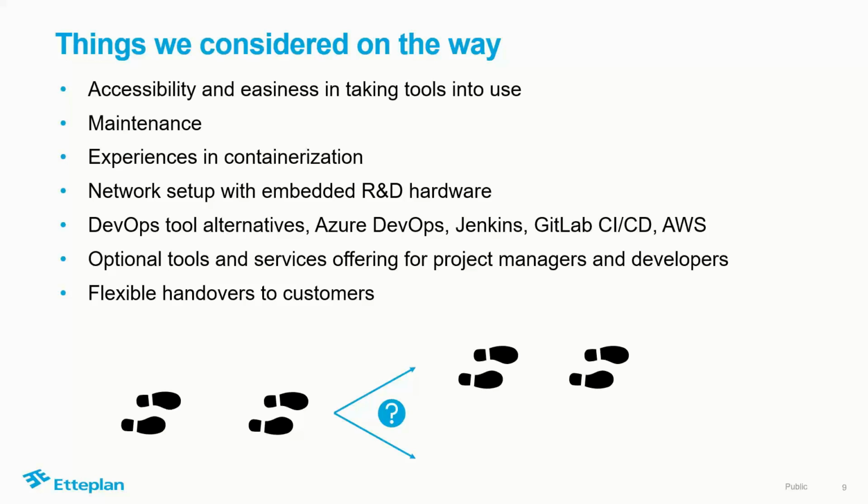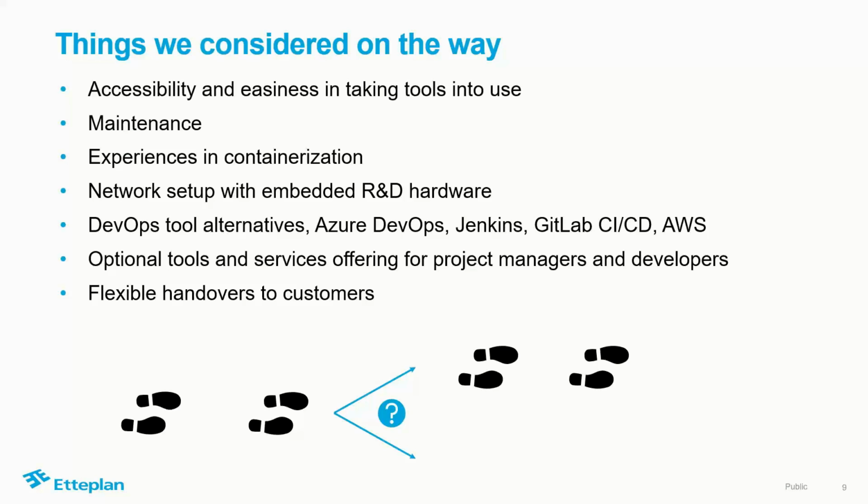Then, as we are talking about embedded, it typically also means hardware prototypes or whatever customer gadgets we are working on. So we had to consider the best way to combine our DevOps model and the hardware part. For that purpose, we considered utilizing an isolated network for the hardware under development, and you will see in the following slide how that ended up and what kind of architecture we have.